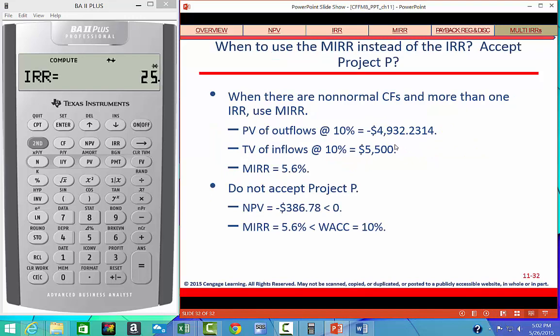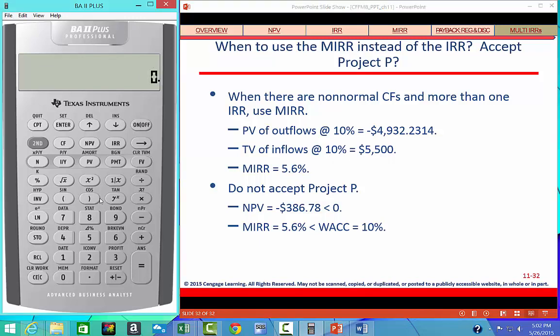That gives us a present value of those two summed of 4,932. Then I get the future value of the $5,000 for one time period. If you look back at the timeline, if it increases by 10%, then I have $5,500.